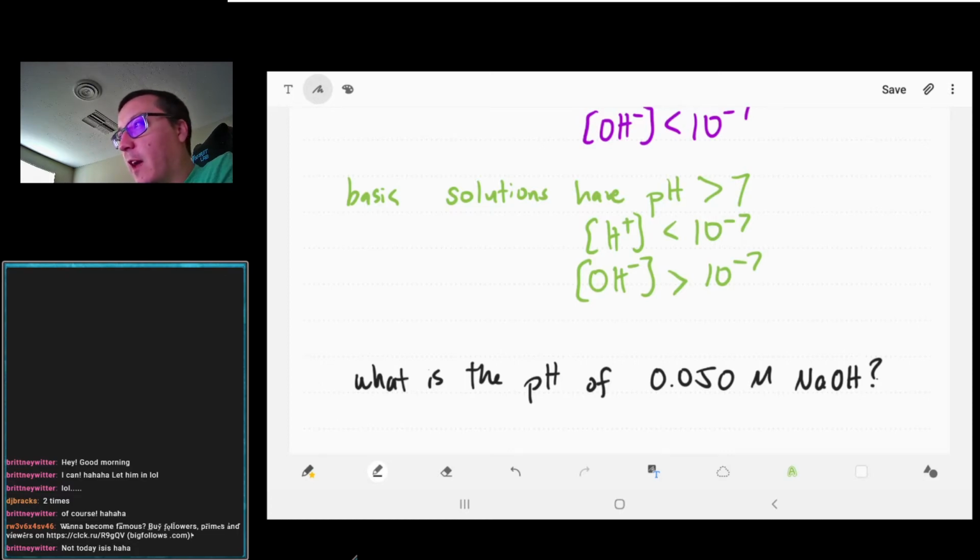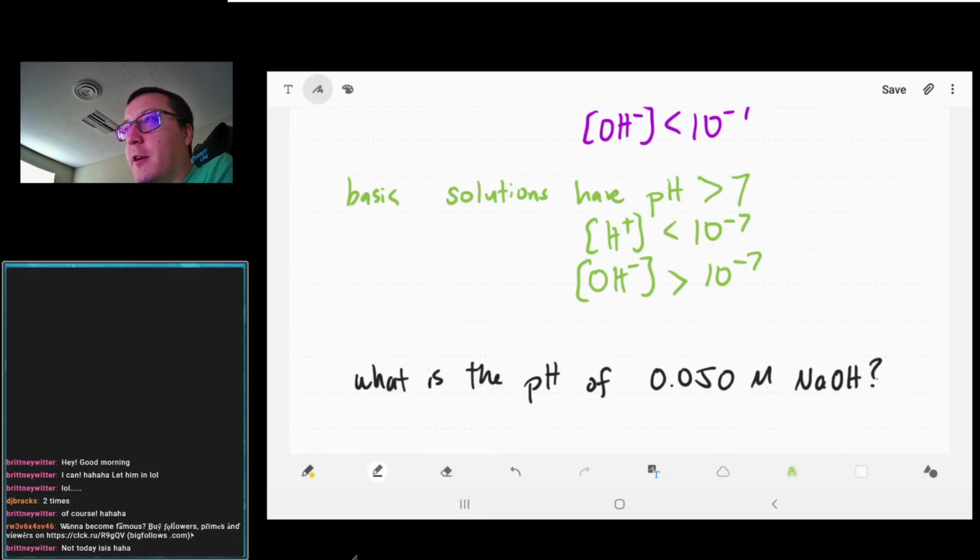I see NaOH. That is not an acid, right? So how the heck are we going to get our H plus concentration out of this? What do we know about sodium hydroxide? Or say anything with sodium? Did we perhaps learn anything when we were talking about reactions or solutions that dealt with compounds with sodium?